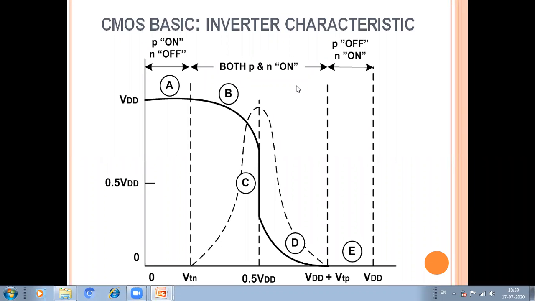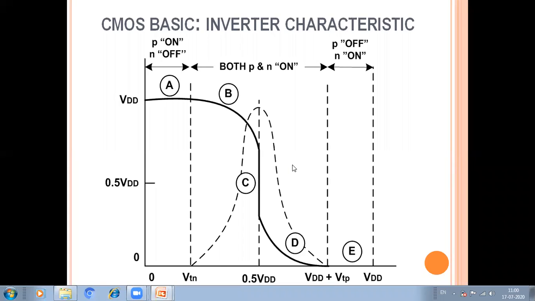The current changes with changes in the input voltage, so it acts as a resistor, right? The drain current, flowing from drain to source, is given by beta times (VGS minus VT) multiplied by VDS, minus VDS square divided by 2. That is the drain current equation in the non-saturation or linear region.